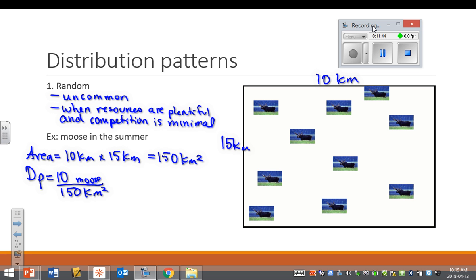Now, is there anybody who wants to ask any questions about either area or maybe this first distribution pattern? So the distribution pattern informs us a little bit more. It tells us not just how many organisms there are, but where they are relative to each other.